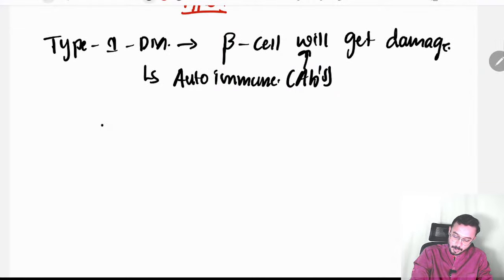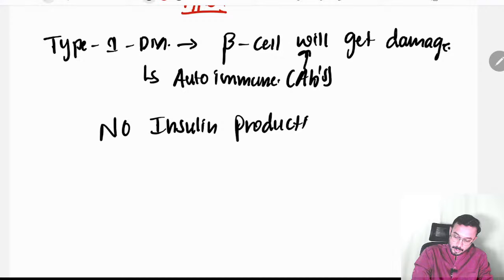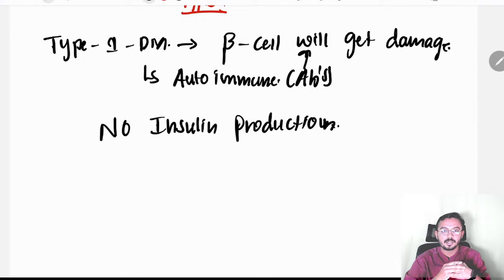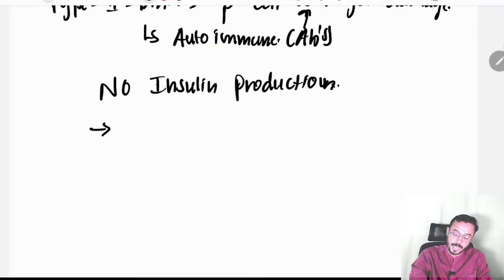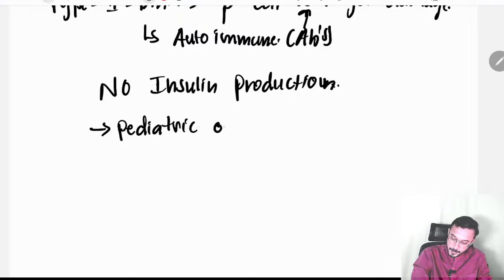The major drawback of type 1 diabetes is that only after 80% destruction of the pancreas do you get the symptoms of hyperglycemia. So this is a very dangerous condition, and it is seen in pediatric onset.